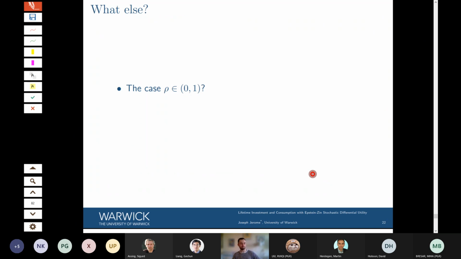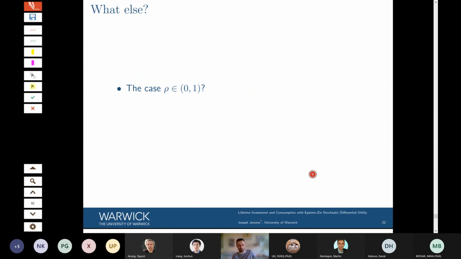So finally, I'm running very short for time, but I'll just chuck in a couple of next steps. At the moment, the thing that is conspicuously absent is the case rho in 0, 1. This is because you want the aggregator to be decreasing in V. But that's what we're going to work on next, and I think our method should hopefully work in this case as well.